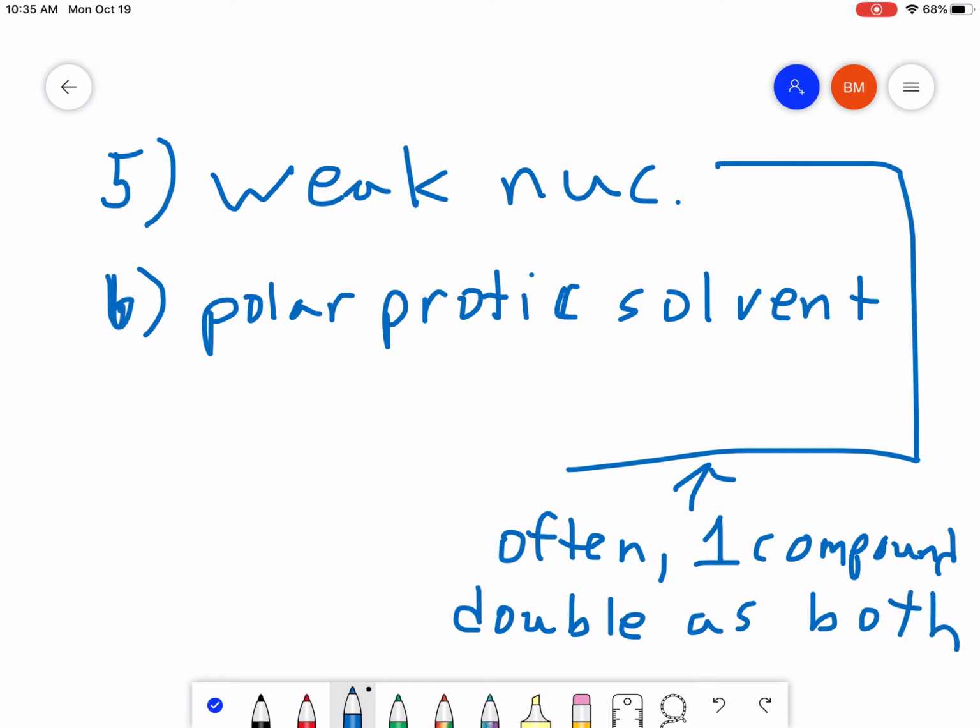I didn't add an additional solvent to those. That's because they were pulling double duty, right? The water, in its reaction, was serving both as the weak nucleophile and also as the solvent. Same thing for the methanol. Whereas in an SN2 reaction, that's not something that you really run into. Okay? So there you go.